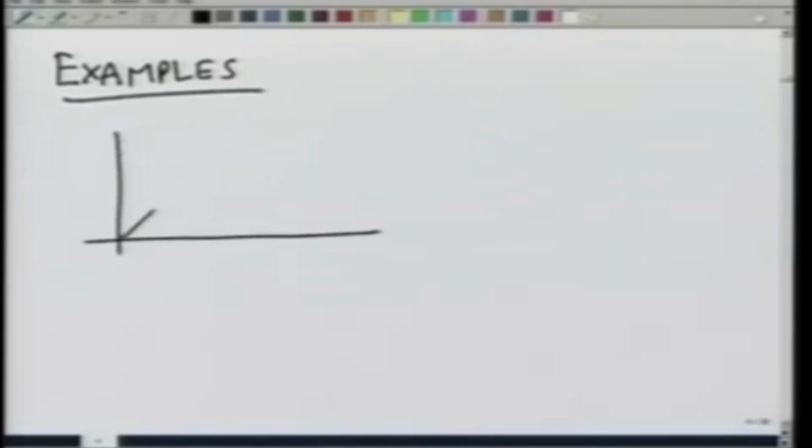As the first example, I take a triangle. One corner of this triangle is at the origin. This is the x axis, this is the y axis.